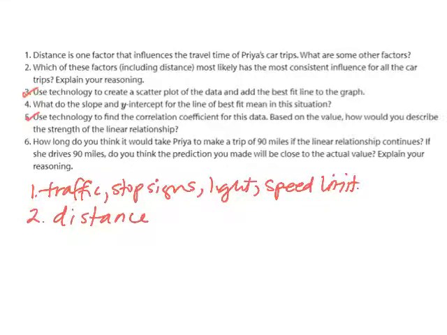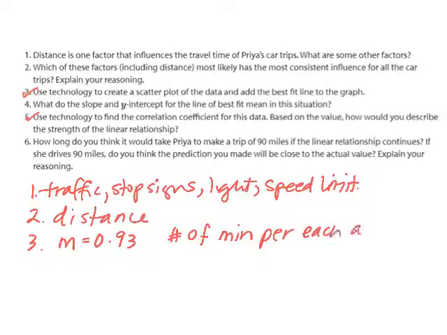Number 4, what do the slope and y-intercept for the line of best fit mean in this situation? Well, the slope is 0.93, which means that is the number of minutes for each additional mile driven.